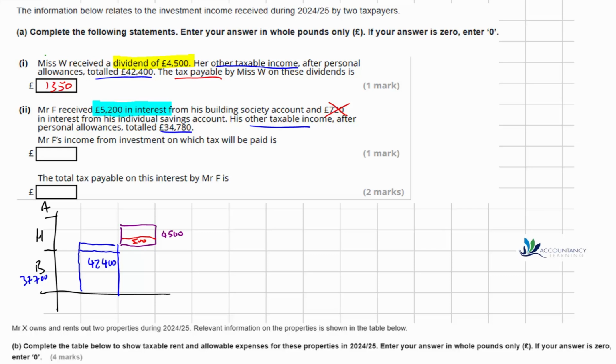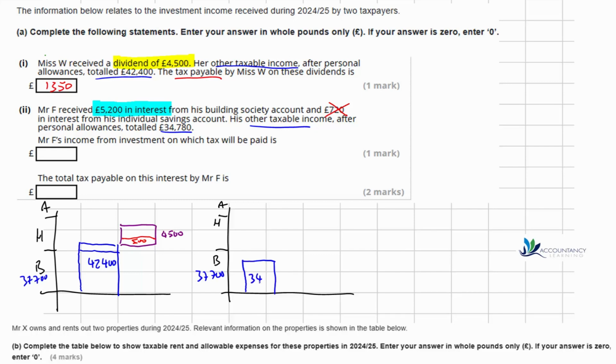34,780. So like before, let's see how our incomes all stack on top of each other. We've got our basic rate band, our higher rate band and our additional rate band. And our basic rate band is 37,700. So we have our other taxable income, so let's put that on. This is below the threshold for the basic rate band.